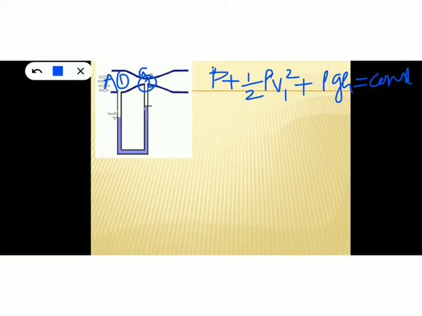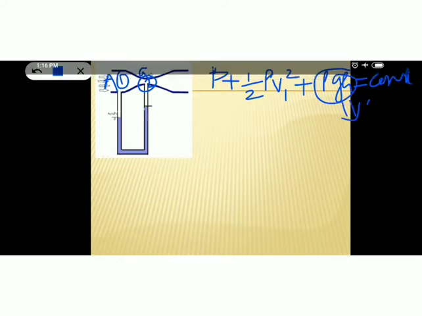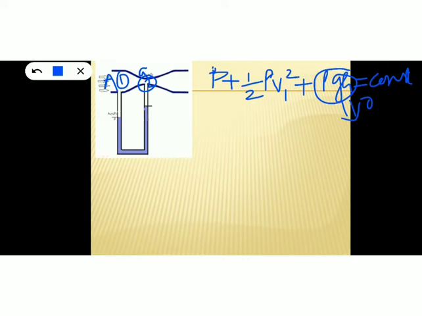Here the potential term will be equal to 0 because both ends of the tube are situated at the same height. Region 1 and region 2 of the tube are located at the same height from the ground, so there won't be any height difference. h will be 0 and Bernoulli's equation becomes P plus half rho V square equal to a constant.